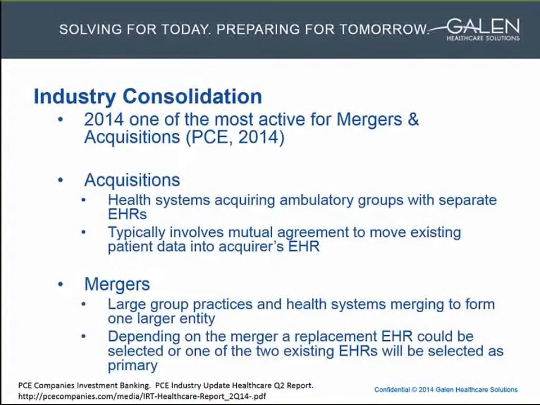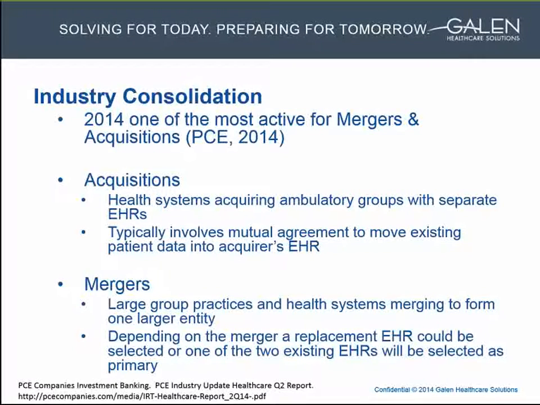So, industry consolidation. 2014 was one of the most active years for mergers and acquisitions. Typically with acquisitions, health systems acquiring ambulatory groups with separate EHRs are looking to migrate the data. It typically involves a mutual agreement to move existing patient data into the acquirer's EHR.